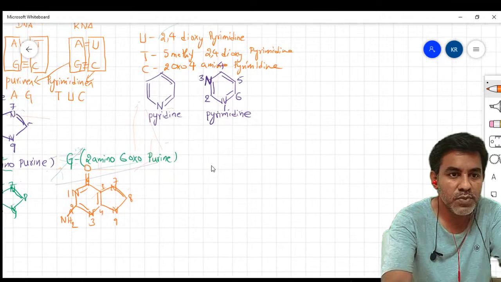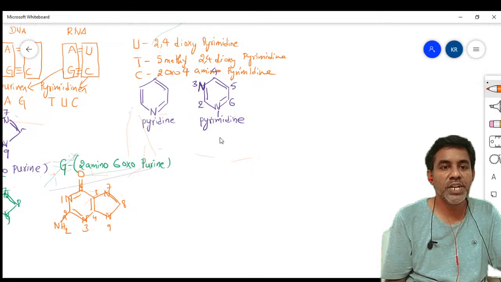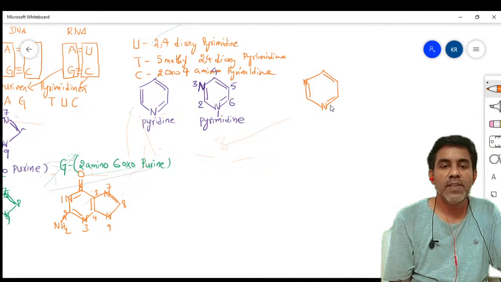So first we start with the uracil. So 2,4-dioxy. First you need to draw the basic structure. So here is the basic structure. Nitrogen, nitrogen. So place the required bonding and then give numbering.